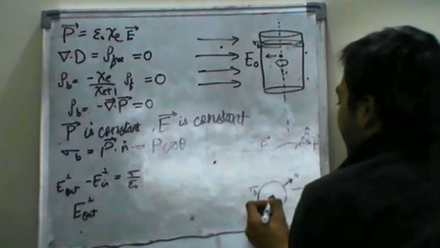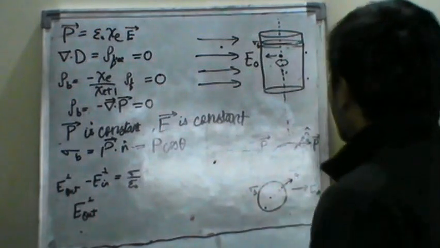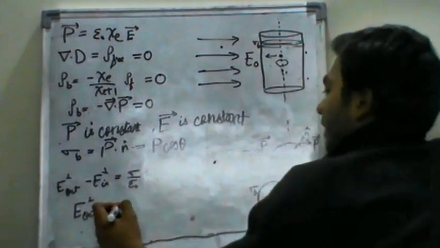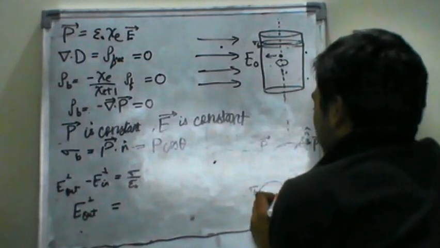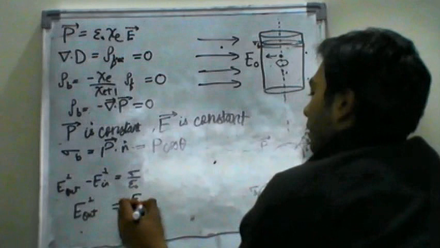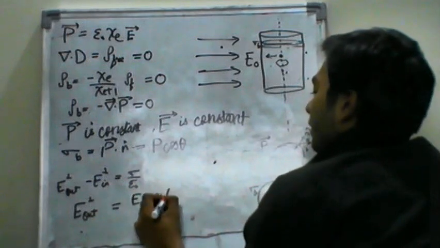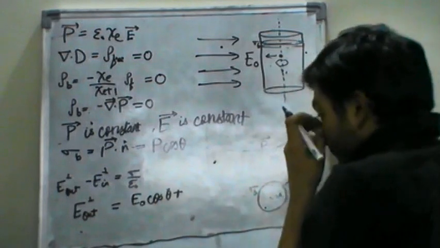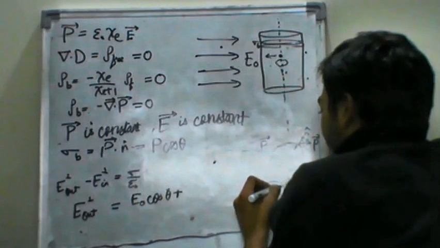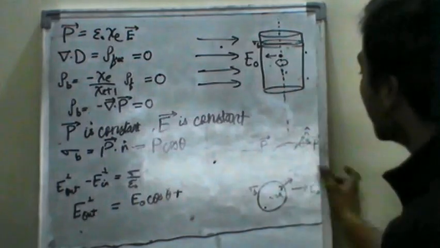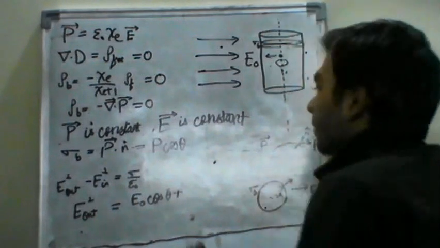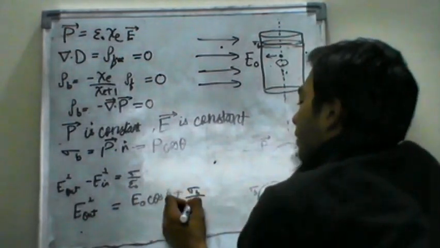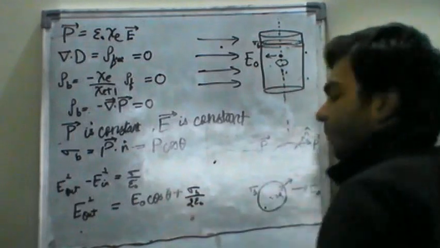This angle is theta, so E naught cos theta plus, with sigma b here, the electric field it will exert on the outside is just sigma b by 2 epsilon naught along n cap.